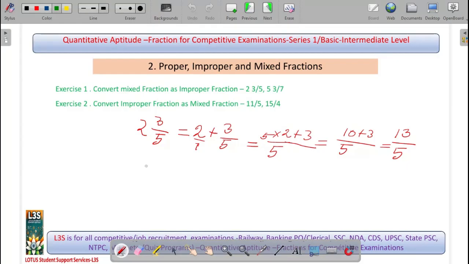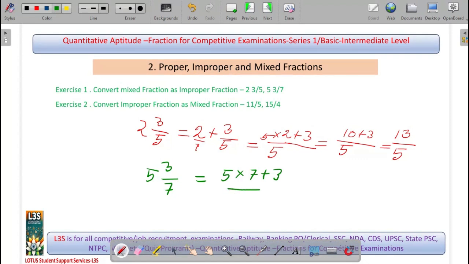Similarly, 5 3 by 7. This one we will get 5 into 7 plus 3 over the denominator 7. First we have to multiply the whole number by the denominator, plus the numerator, over the denominator.